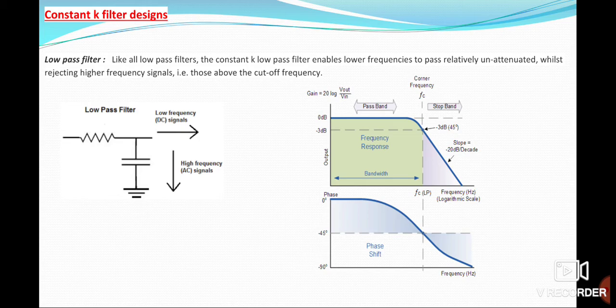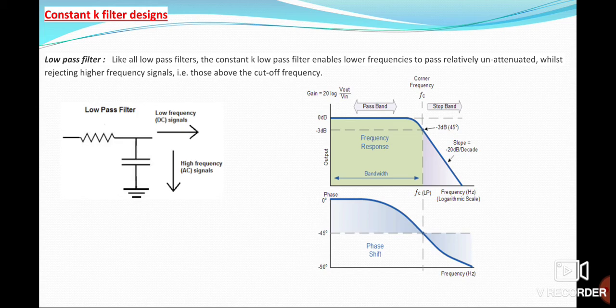In the following circuit diagram, we can see that the passive low pass filter consists of a resistance and a capacitance. So the resistance and capacitance are basically forming the circuit diagram for a passive K-type low pass filter. As the name suggests, it will allow the passage of low frequency signals through it, and it will reject the flow of higher frequency signals.